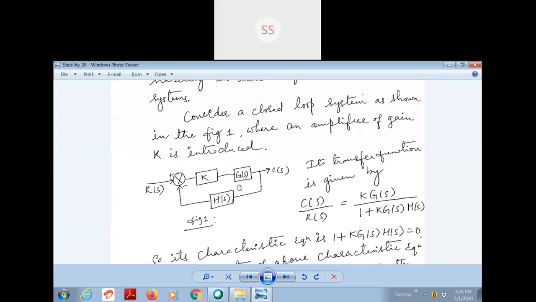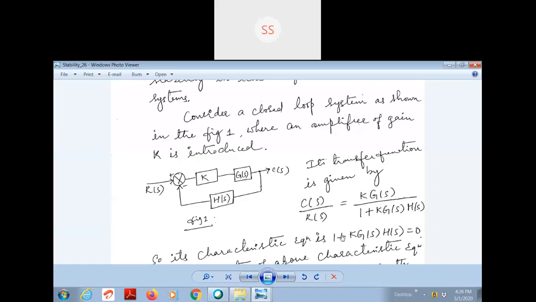For such a system, the transfer function C of S by R of S is given by K into G of S, because the K and G of S blocks are in cascade, they get multiplied and reduced into a single block. So this becomes our forward path transfer function K into G of S divided by 1 plus K into G of S into H of S. This is the closed loop transfer function representation.